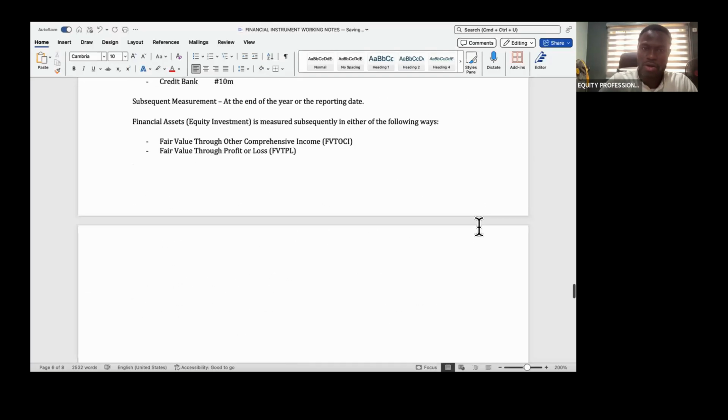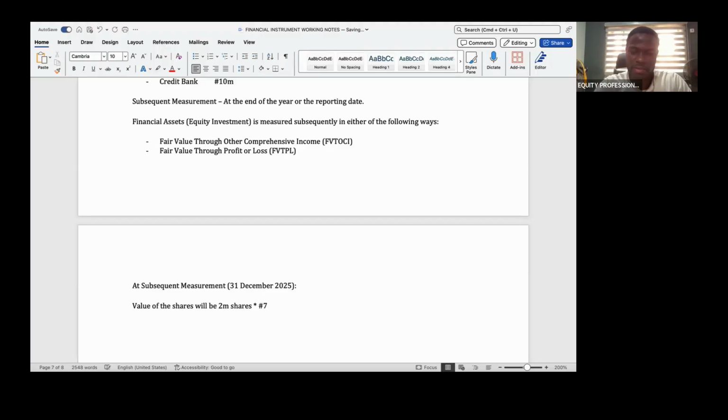So that goes to show that at subsequent measurements, that is 31st December 2025, the value of the shares will now be the 2 million shares times 7 naira.